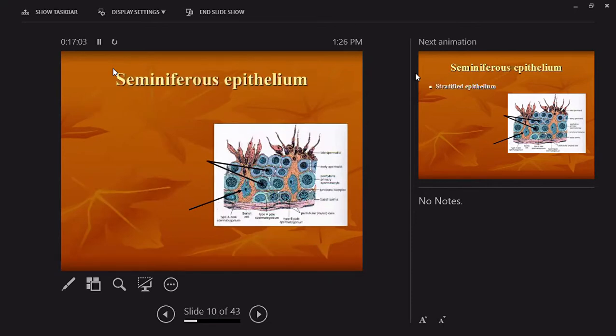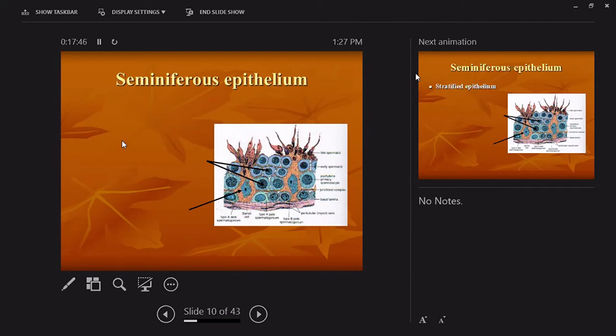Seminiferous tubule. Again, we now see the layers of the seminiferous tubule, your epithelium. We will start from the base going up. You have the spermatogonia, or spermatogonium if it is only one, the most immature of all our developing sperm cells.